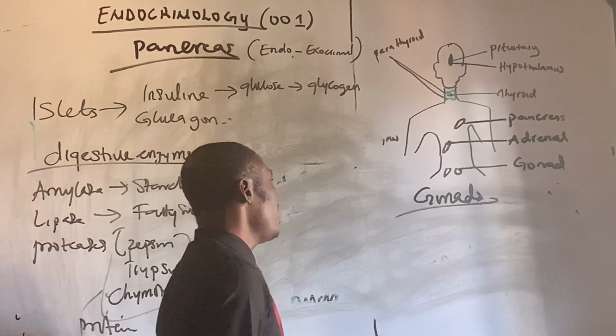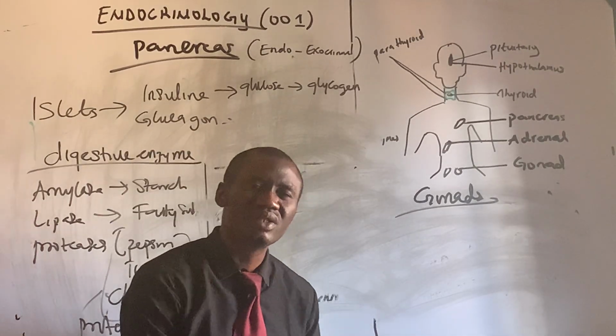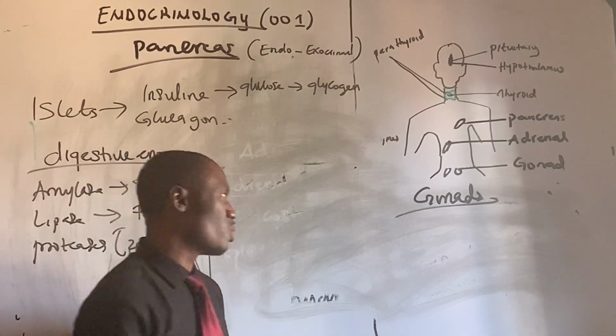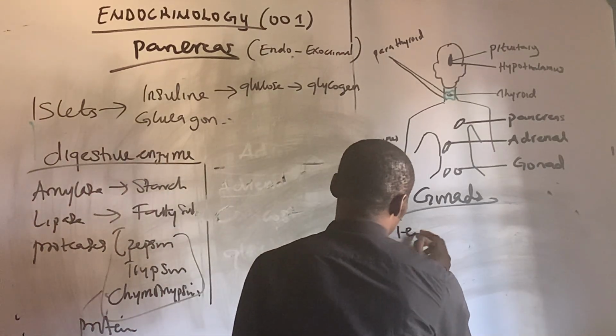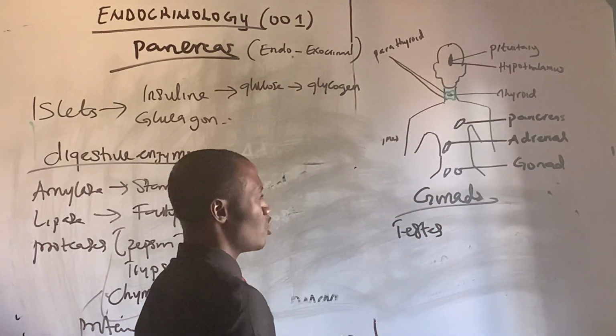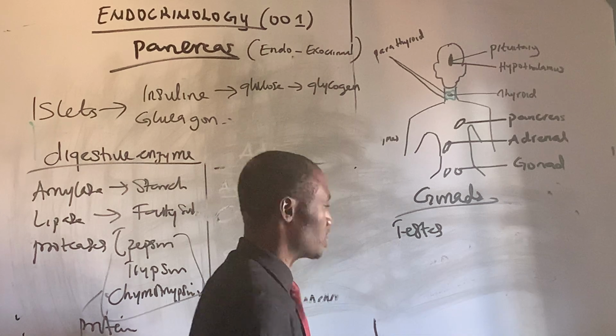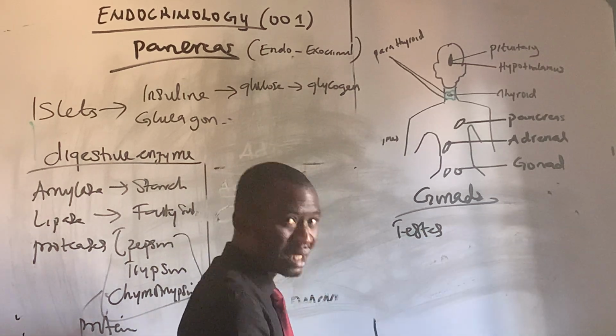Now, these gonads for the male are found at the testicles. So we have the testes. Remember, testes, which is the two testes. If it's single, it becomes one testicle. So testes, that's the two testicles.